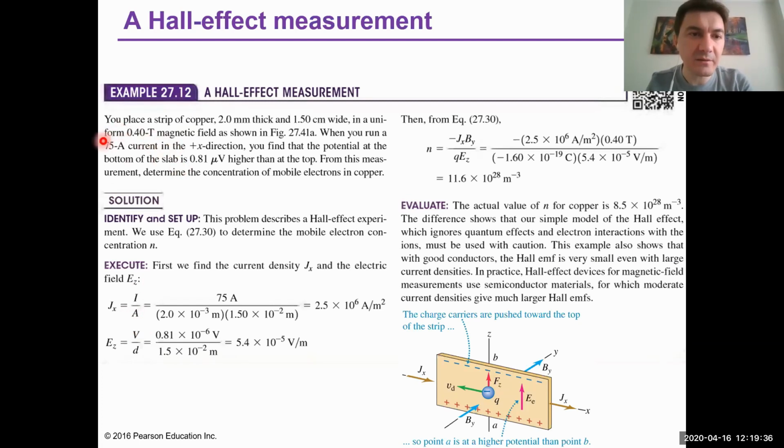Current is given. Area you can calculate because the cross-sectional area is given, okay? Width and thickness are given. Put them here. Then the current density is given in ampere per square meter. And electric field is given by the potential difference between two sides of the copper and distance in between.